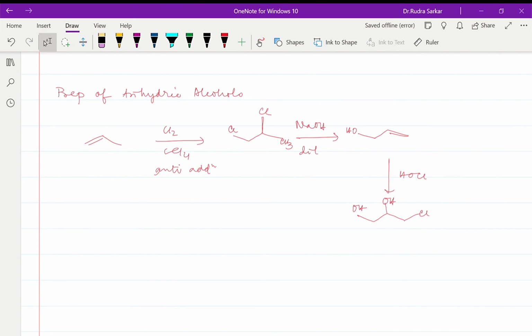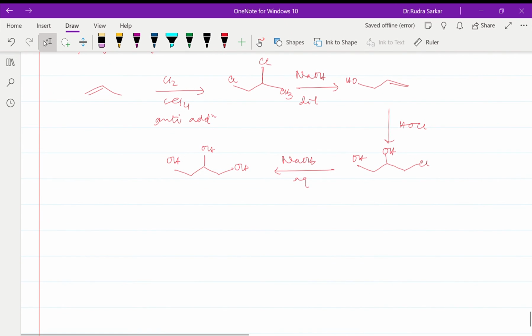Obviously Markovnikov addition, right? If you use again aqueous NaOH further, that gives you the glycerol, also known as trihydric alcohol. Okay? Glycerol or trihydric alcohol.